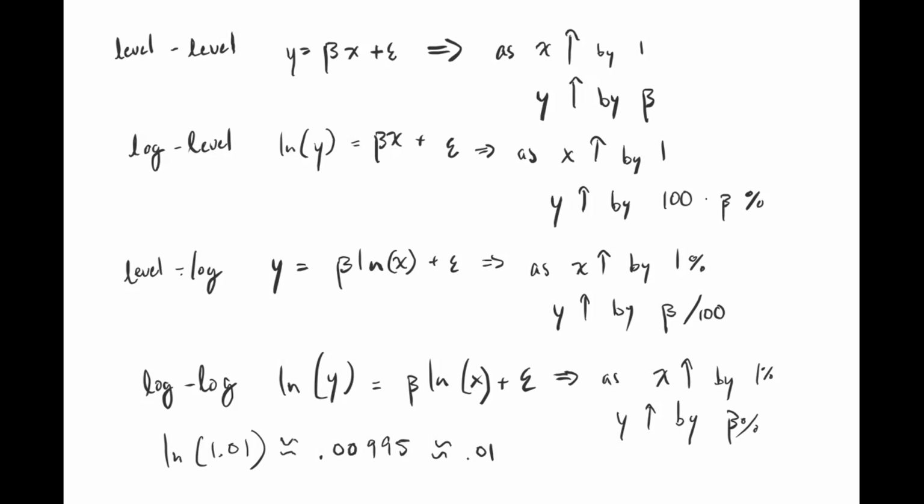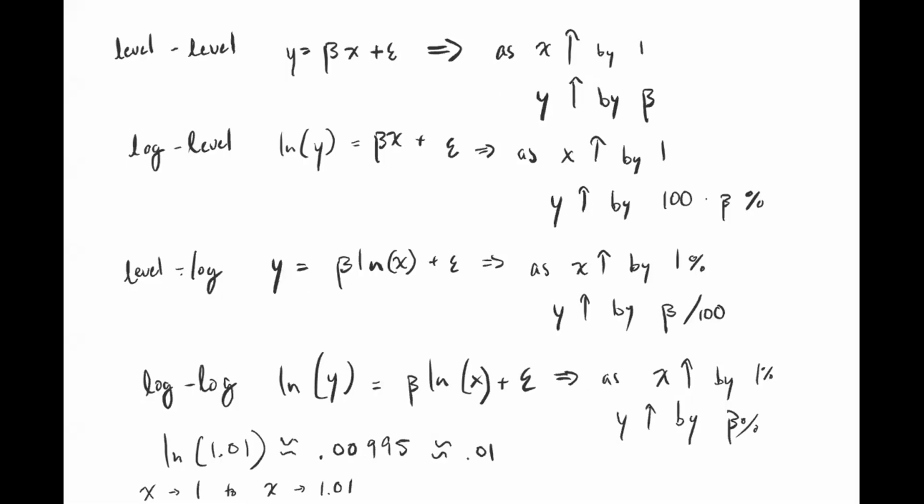So if I go from an x value of 1 to an x value of 1.01, I am increasing by 1%, and that corresponds to a 0.01 change, right? So you multiply that by your beta, and you can see that being reflected as a percentage change in the y.